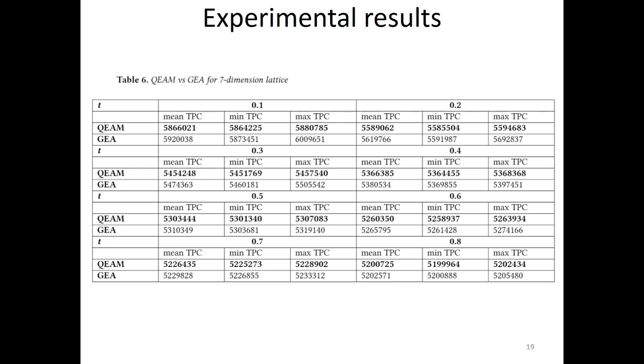Finally, for the 7-dimensional lattice, the supremacy of QEAM over the genetic algorithm becomes very clear, since QEAM outperforms the genetic algorithm for all statistical indicators, minimum, maximum, and mean TPC, and that is for all thresholds, with no exception. This proves the scalability of QEAM's solution quality.